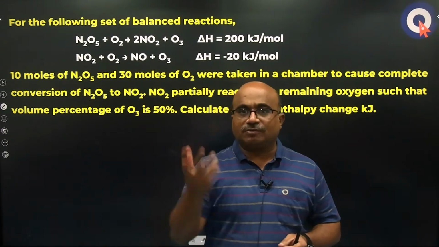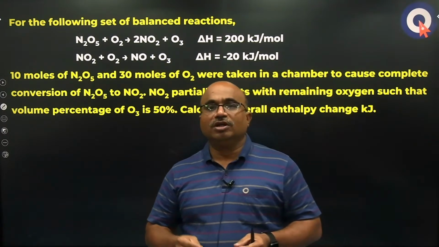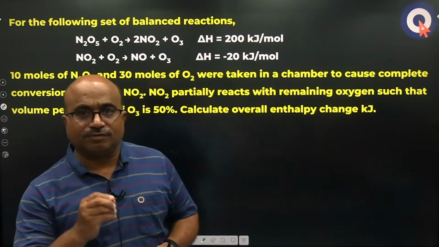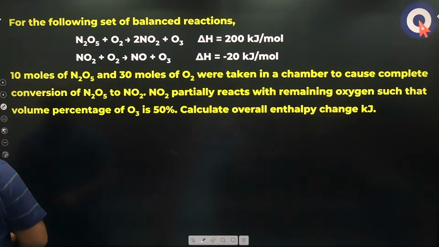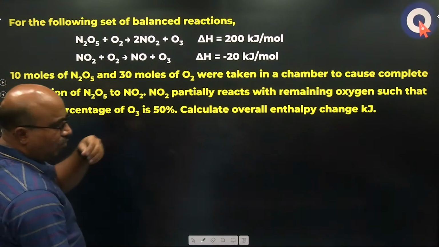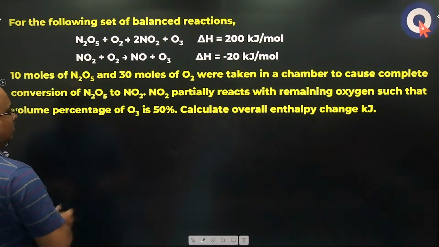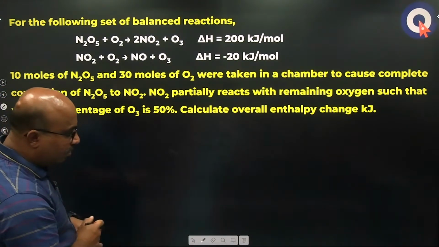Even for a process which is not possible to carry out, we can determine the enthalpy changes using the laws of thermochemistry. So when we take the enthalpy changes and do the applications, that is formation, combustion and all that, that is the basic thing. We can see it later.